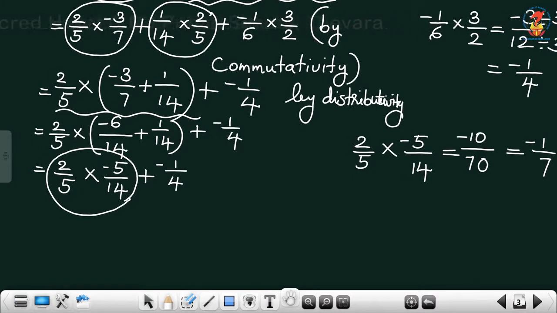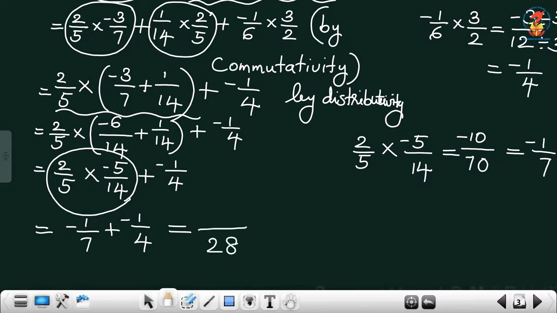So equal to negative 1 by 7 plus negative 1 by 4 equal to, again take LCM. What is the LCM of 7 and 4? 28.